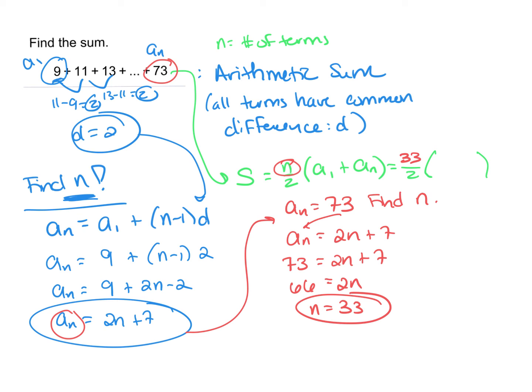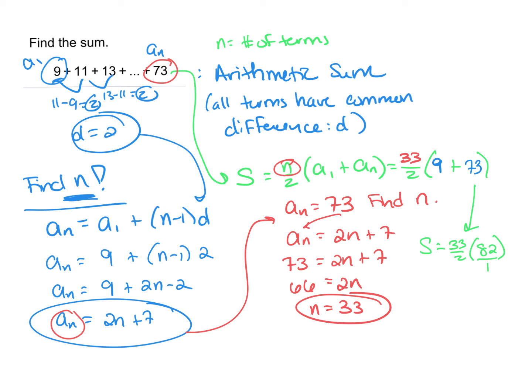A1, our first term, is 9, plus our last term, 73. And now we just have some calculations to do here. 9 plus 73 is 82. Let's move down here. S equals 33 over 2 times 82.